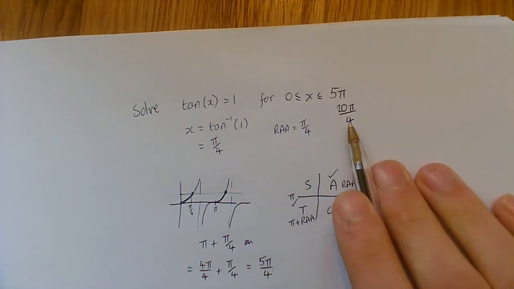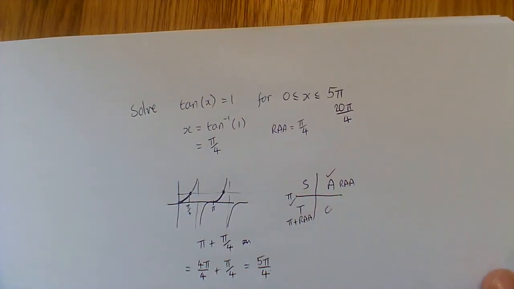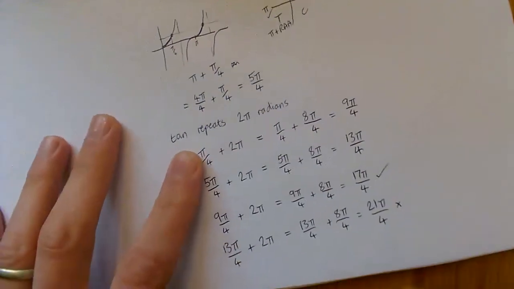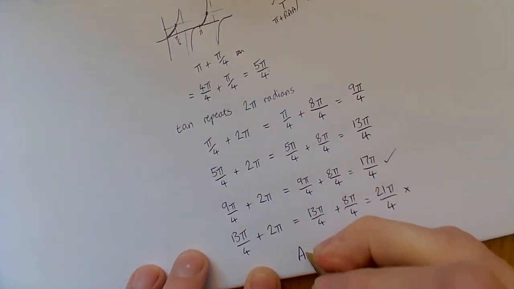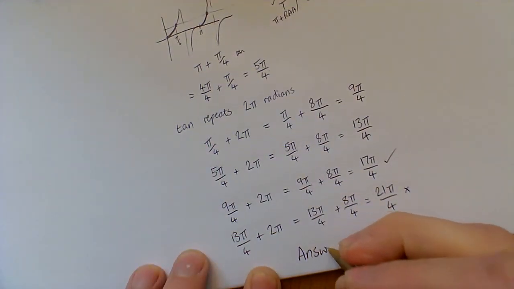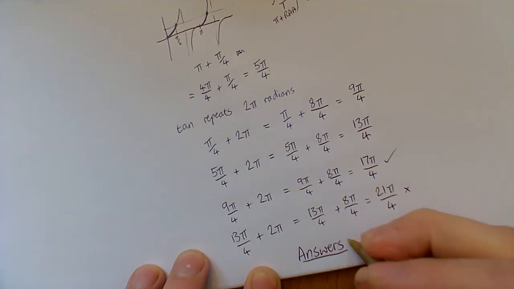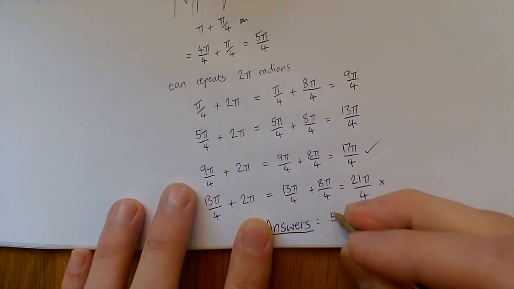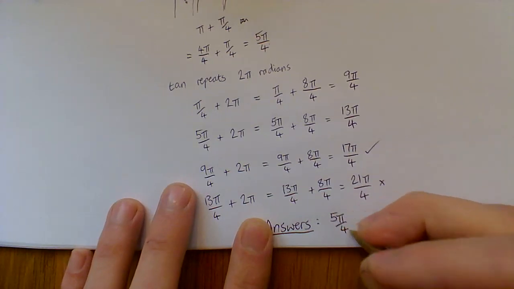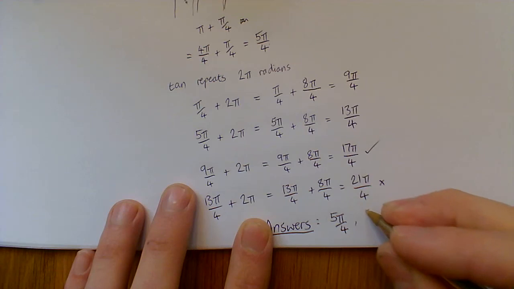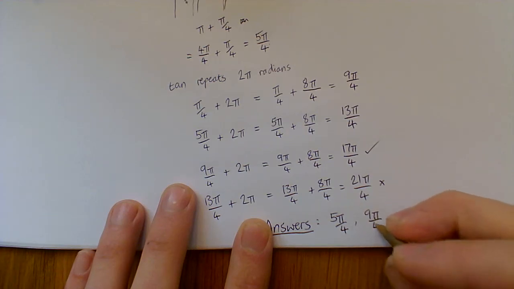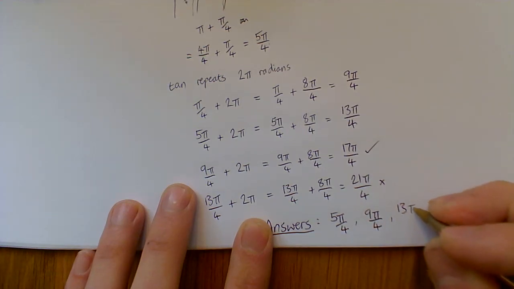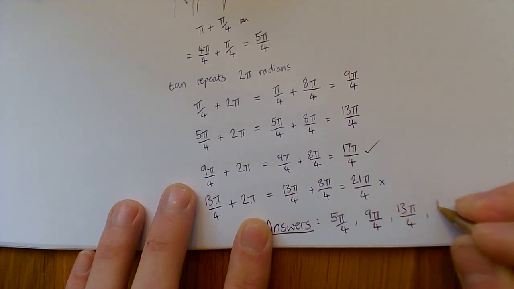We were only going up to 20 pi over 4. So that is not going to get included. So again, we're going to list our answers. Just reviewing, going back up my page, I had 5 pi over 4 worked, 9 pi over 4 worked, 13 pi over 4 was fine, and 17 pi over 4 was fine.